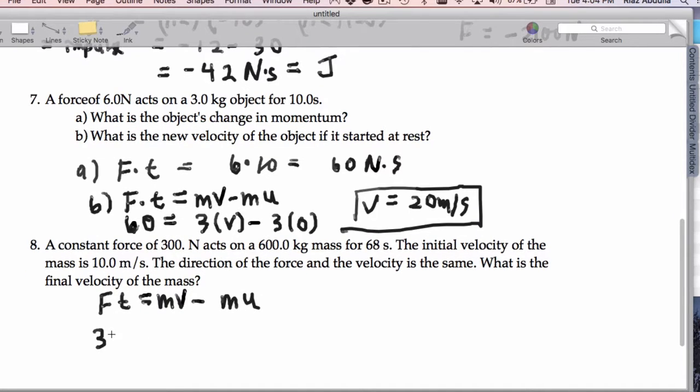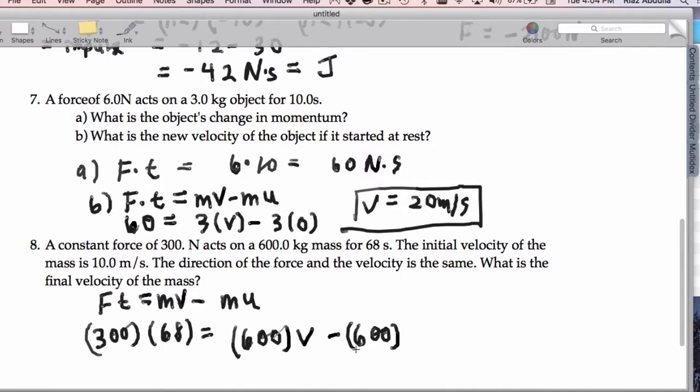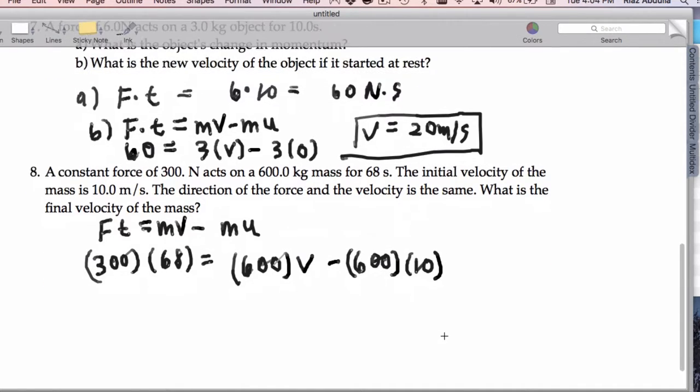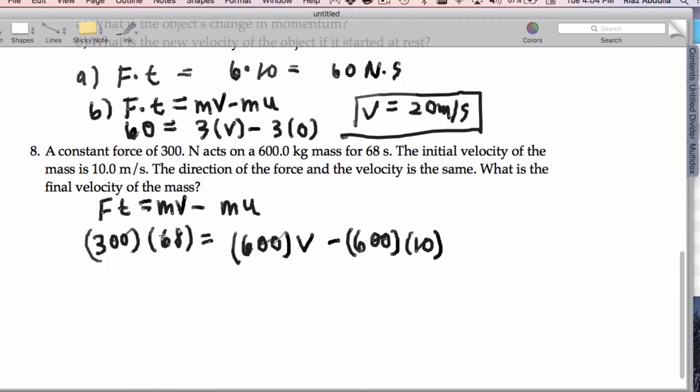That's going to be the 300 times the 68 seconds is going to equal 600 times v minus 600 times the 10 meters per second. We're expecting, if it's in the same direction, the thing ought to go faster. Let's just do a little math. So 300 times 68 gives us 20,400.